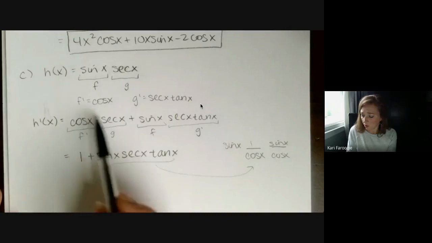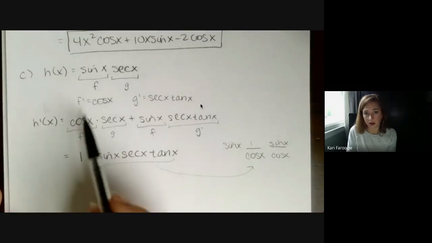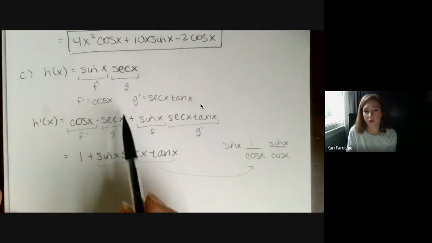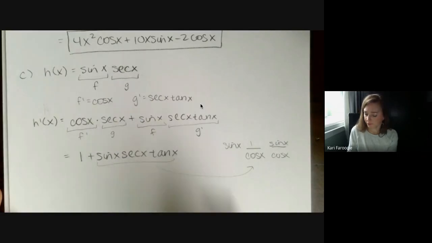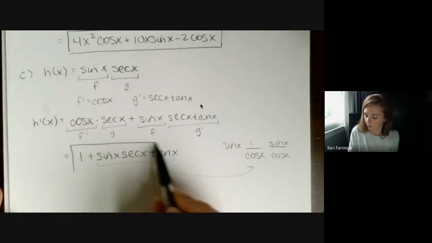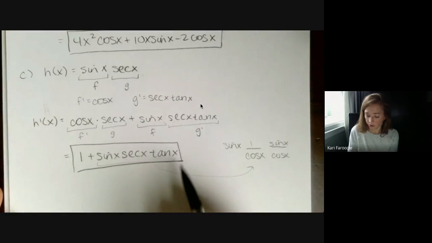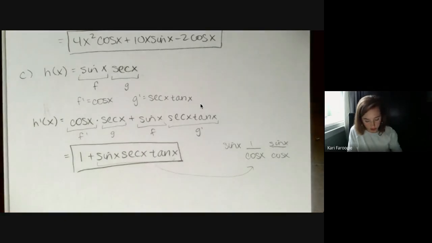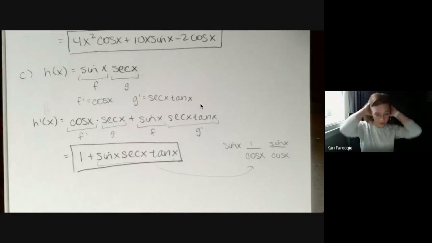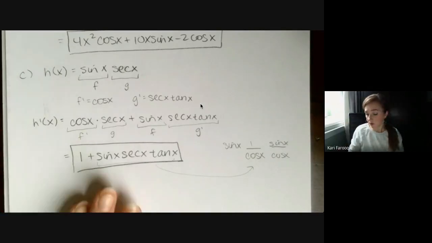This one I would expect to be obvious, cosine x times secant x. I would definitely expect you to simplify that to 1. So use your head there and think about what would make sense logically. Glad we did that one. Does anyone have a question on C?